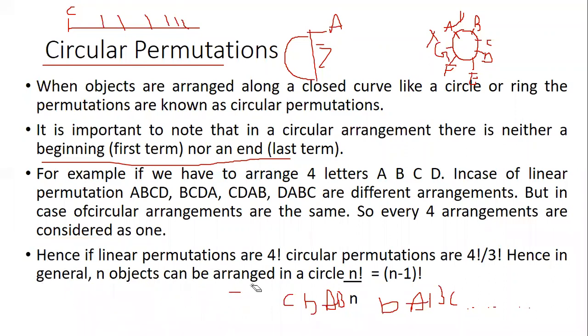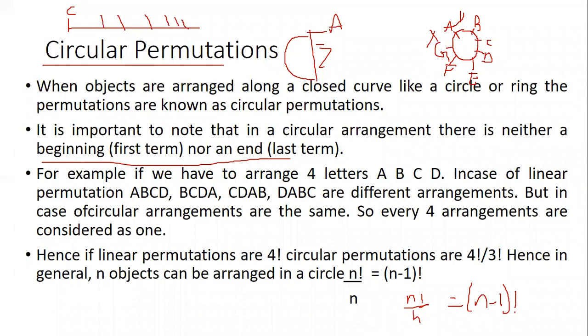Hence, if the linear permutation of four is 4 factorial, the circular permutations are 4 factorial by 4, which is 3 factorial. In general, n objects arranged in a circle are n factorial by n, which is nothing but n minus 1 factorial. So the formula for this is n factorial by n is equal to n minus 1 factorial.